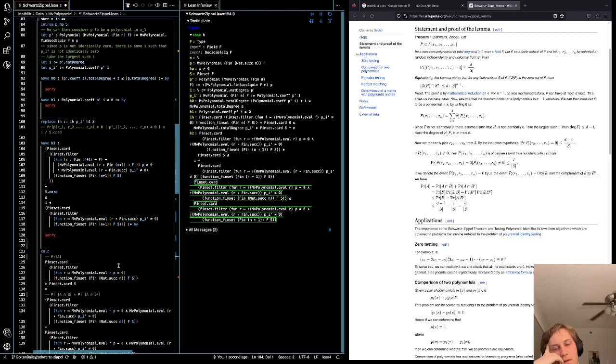So it seems like it can only be introduced via the induction hypothesis. Right, P sub I prime is the only place where I is really referenced.